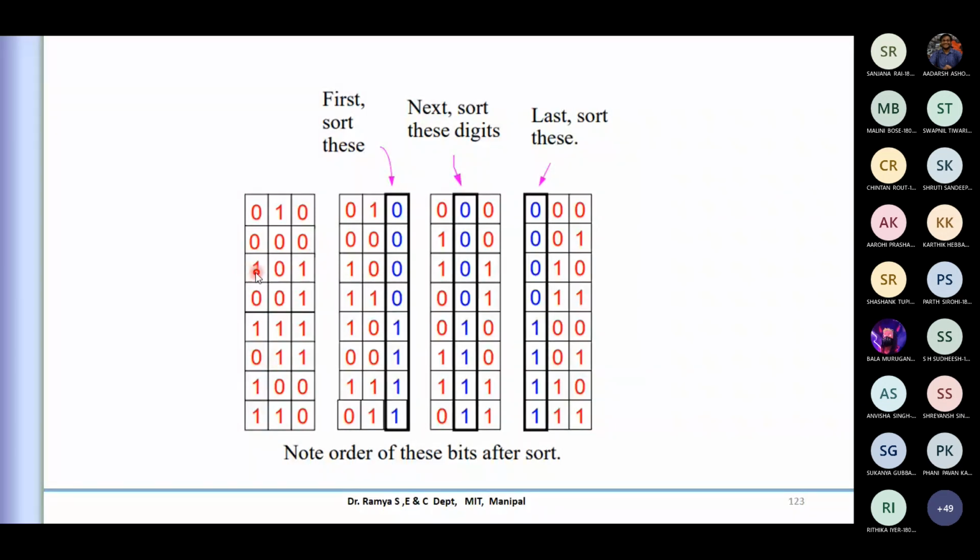Now when it comes to this particular row, one will just go on, but when it comes to 100, you can see it is less than this particular information. So we are going to put this 100 before the 101 place. That is how it starts.